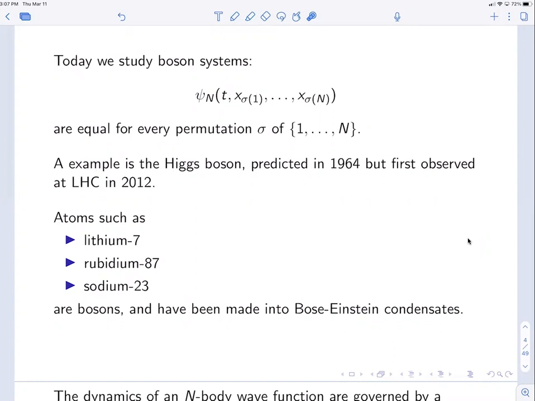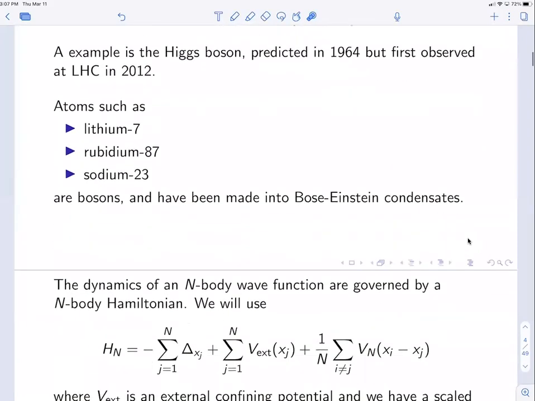And so as a result, you can get composite particles, which are either fermions or bosons, depending upon the spin of its constituent parts. And so some atoms that are bosons are lithium-7, rubidium-87, and sodium-23. These are bosons and have in fact been made into Bose-Einstein condensates, which we discussed in the lab.